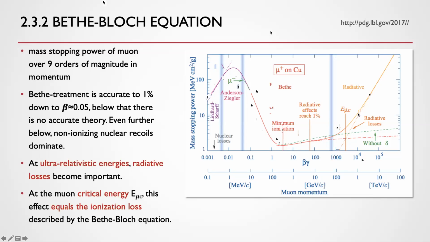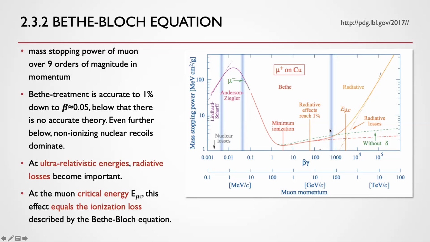So here we have 1 tera electron volts. That's about the highest momenta of muons that we can create and detect at the LHC experiment. So for muons, these radiative losses are not practically important. We talk about at most 100 or hundreds of GeV, but those are not really large.